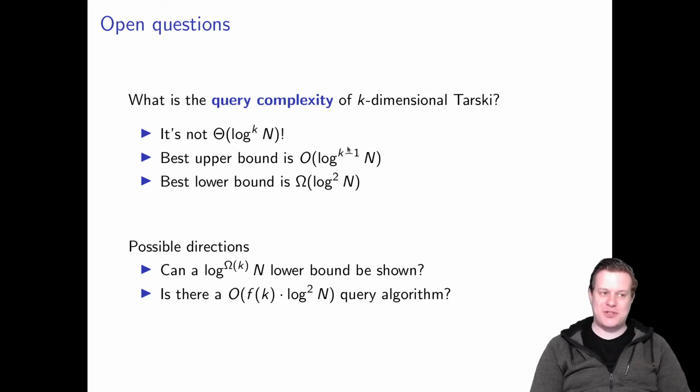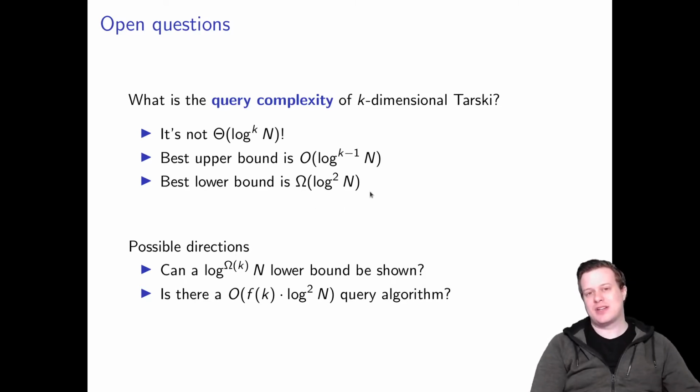We know it's somewhere between the upper bound of log to the k minus 1 n, and the only non-trivial lower bound we have, which is this log squared n lower bound for 2 dimensions, which also applies to higher dimensions as well. So it's somewhere between exponent k minus 1 and 2, and obviously further research is going to be needed to close that gap.